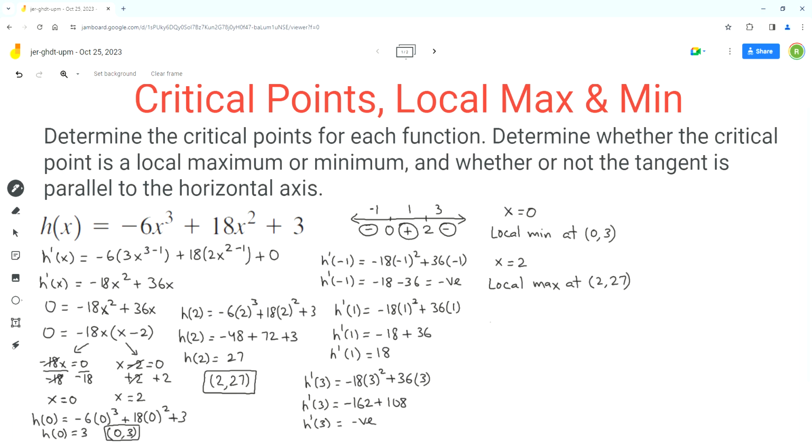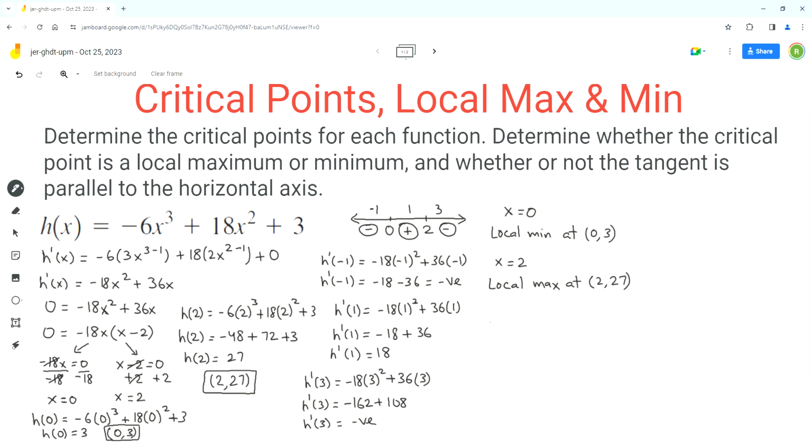Now, since these two critical points represent a local minimum and a local maximum, that means the tangents at these extrema are horizontal, or parallel to the horizontal axis.